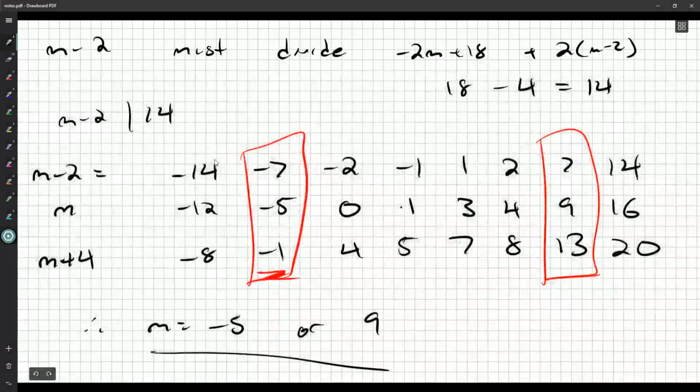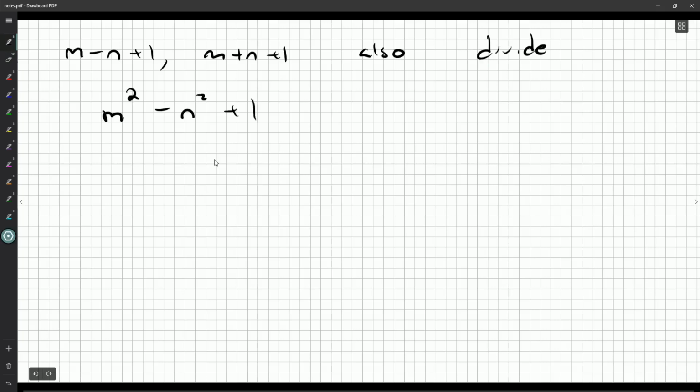Well, we can do the same sort of thing that we did before, and so these are also factors, also divide their product, and their product will be m squared minus n squared plus 1, 2mn, and a minus 2, or no, mn and minus mn cancel out, n and minus n cancel out, and then we'll be left with 2m's.